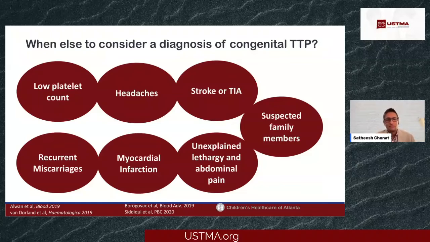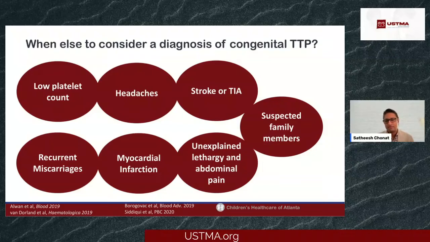this technical challenge. So this slide talks about when we should really consider a diagnosis of congenital TTP. Some of these patients may not have all these symptoms, but it's important that patients who have some symptoms such as this could have congenital TTP, or rather, consider working them up for congenital TTP if they do not fit any other diagnosis.